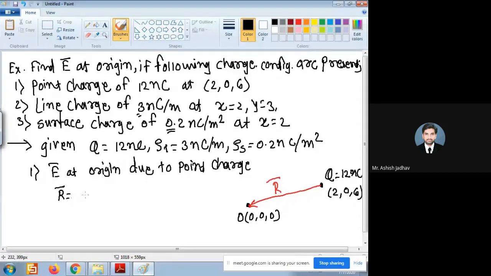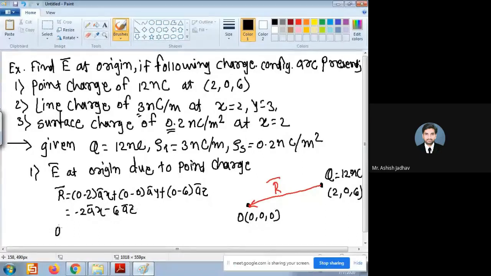R bar is equal to 0 minus 2 a bar x plus 0 minus 0 a bar y plus 0 minus 6 a bar z. So if you calculate, this is equal to minus 2 a bar x minus 6 a bar z.